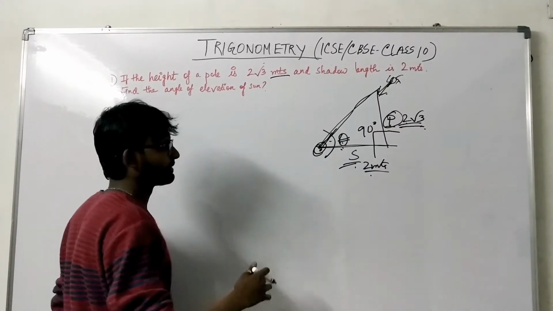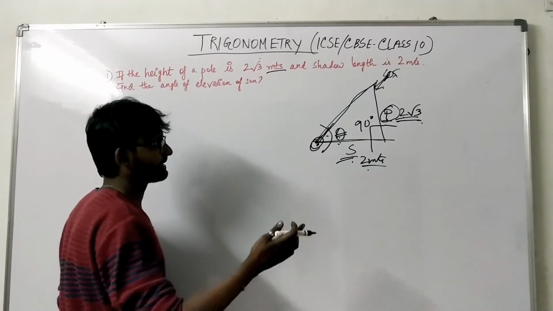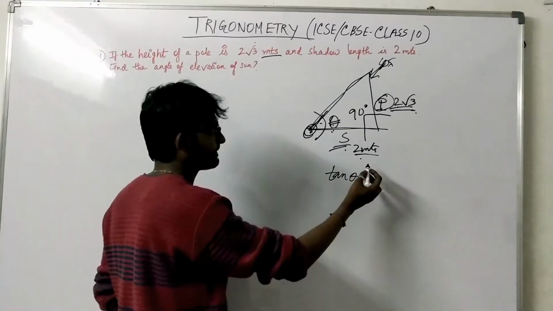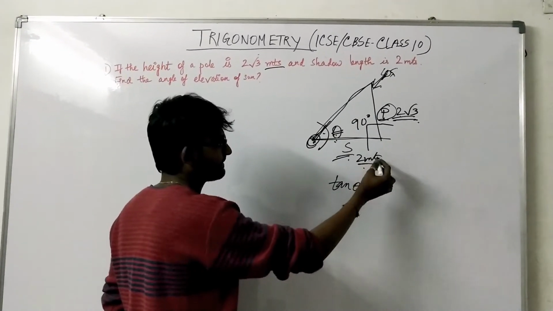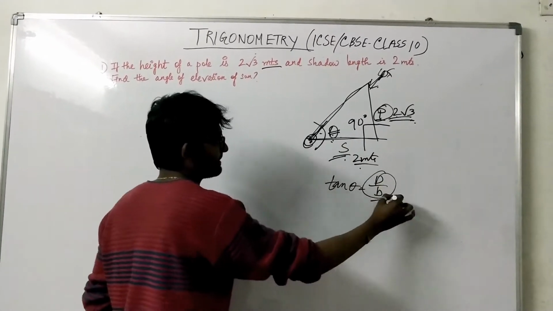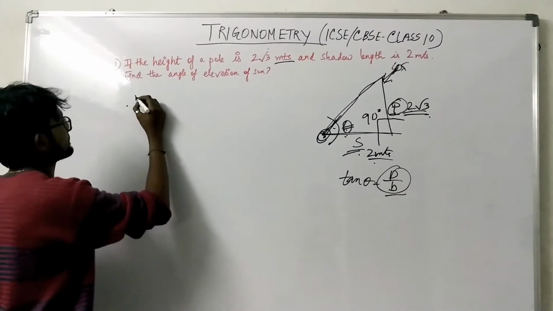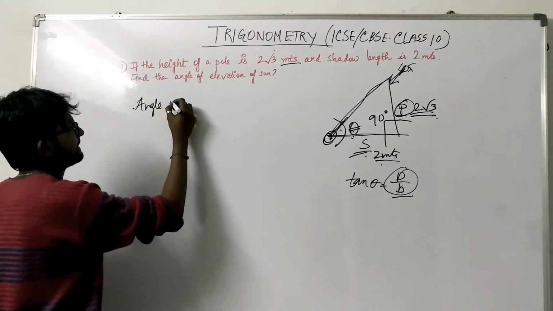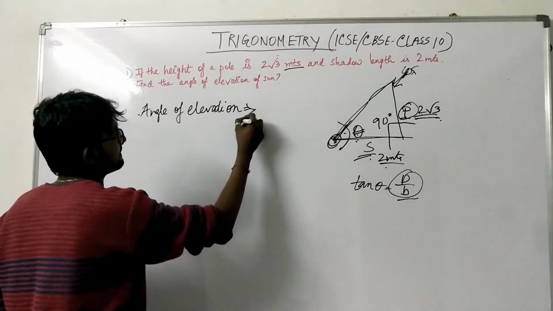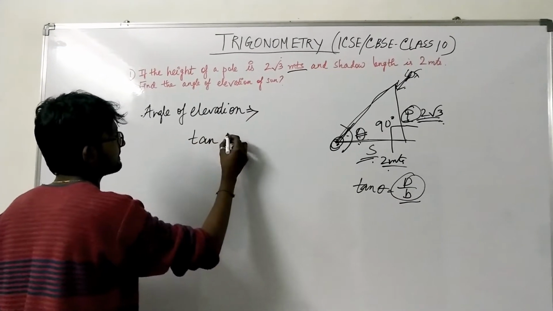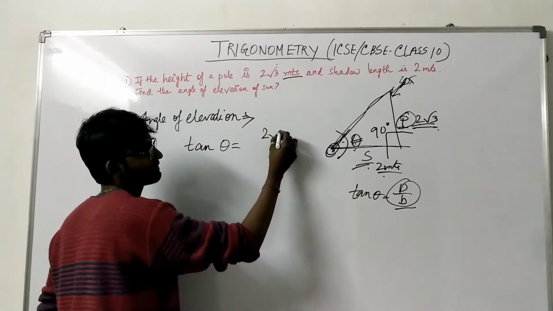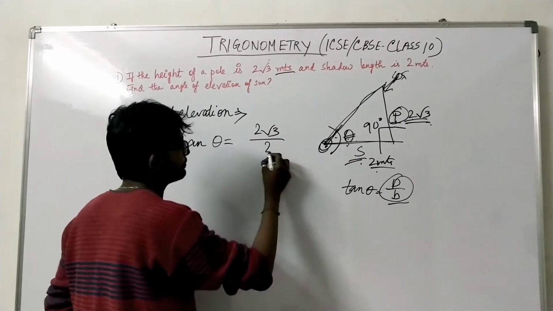So basically, what is tan? Tan theta is perpendicular by base. So over here, for the angle of elevation, tan theta is equal to perpendicular by base. Perpendicular is 2 root 3, base is 2.